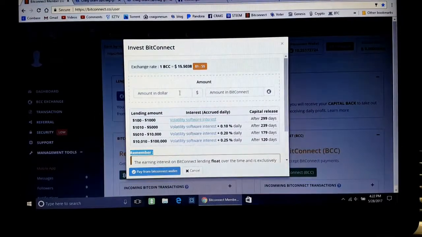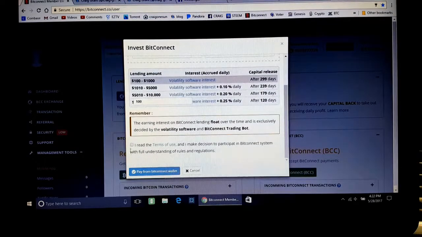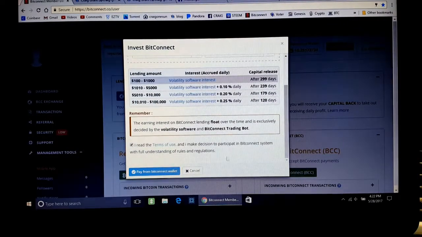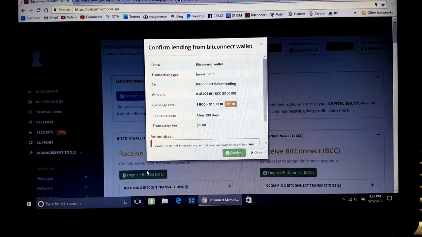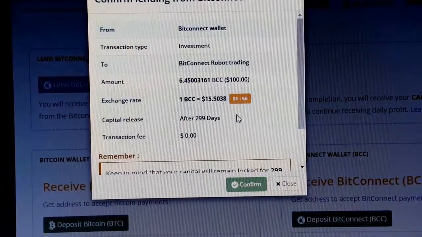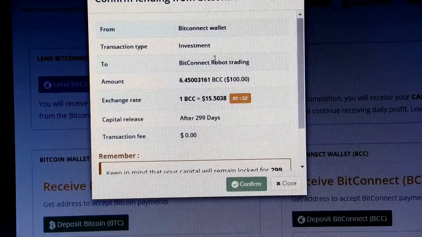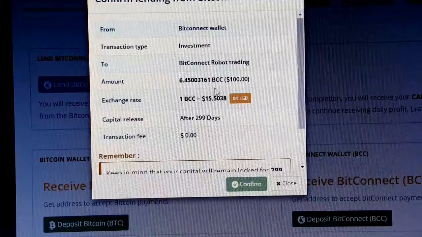So now I'm going to do a $100 loan. Very simple. 100, right? It says I need 6 tokens, right? And therefore I click terms, pay from BitConnect wallet. BitConnect wallet, investment, BitConnect robot trading, 6 tokens.